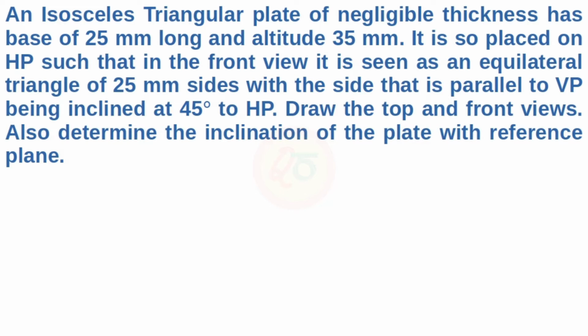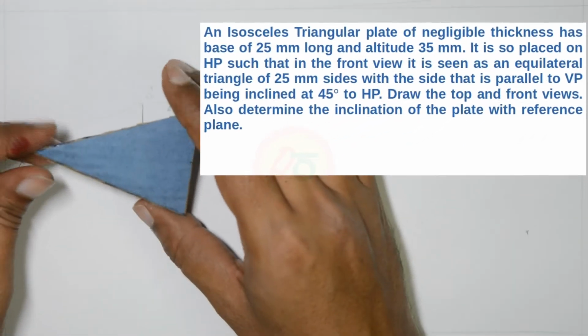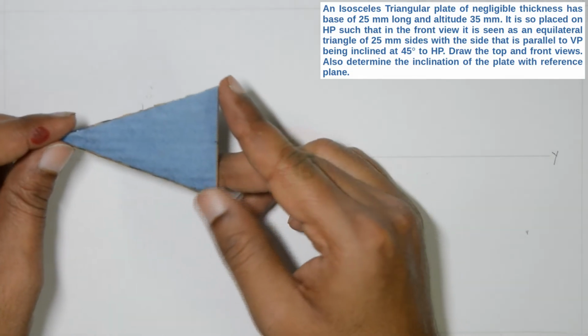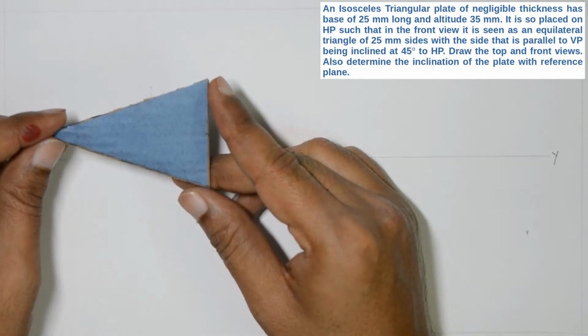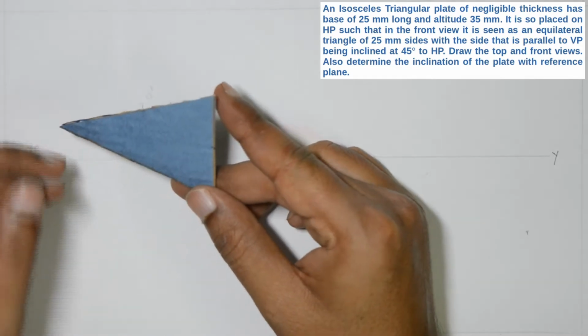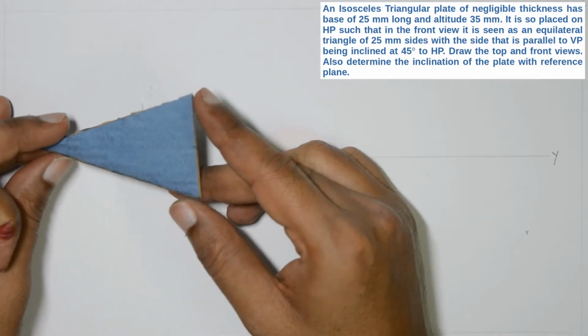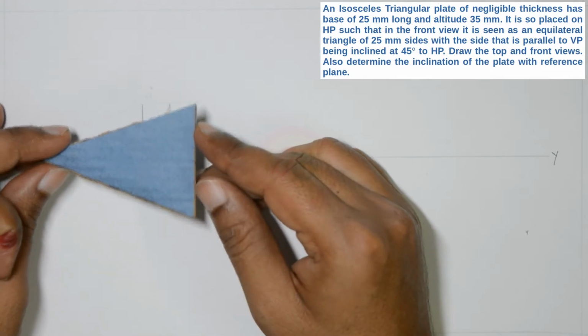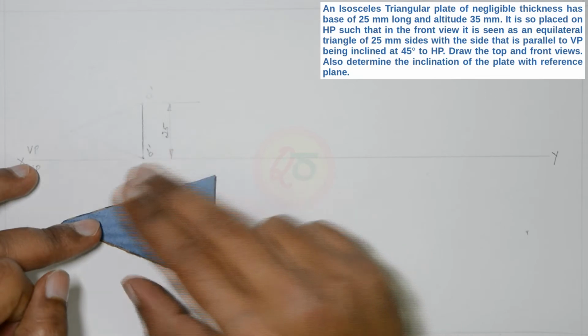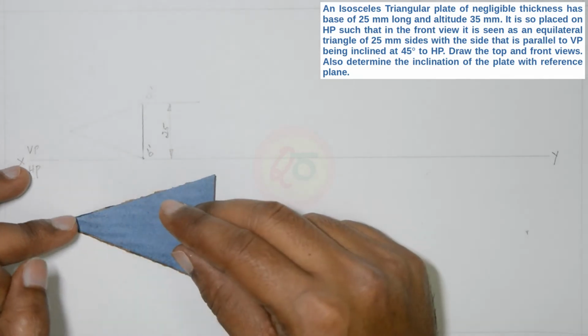So, the first thing is we'll draw the XY line, mark XY, VP and HP. Then consider an isosceles triangle like this. If we proceed like how it was in the previous problems, we need to place this isosceles triangle resting on HP on its entire surface.